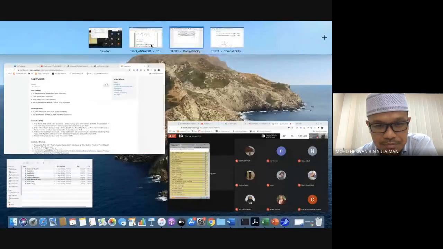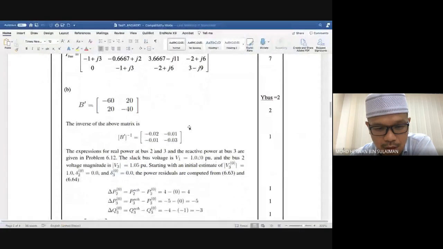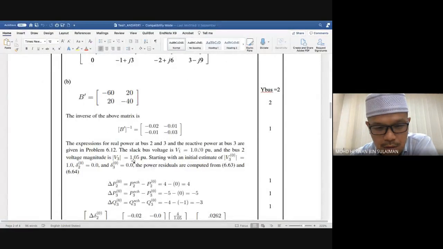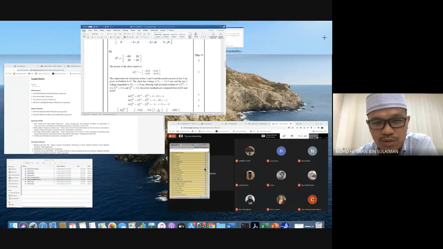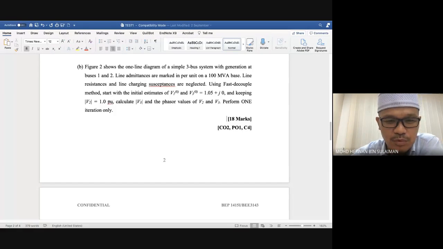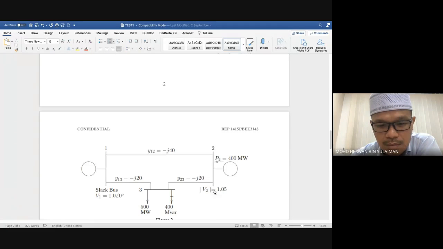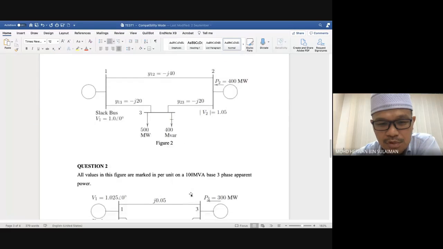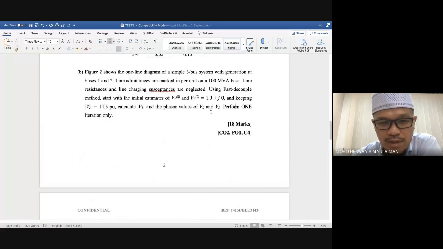Let me check the answer. It follows the answer, V2 1.05, V3 1.0. We assume it is a mistake, change it. V2 1.05, V3 1.0. Okay. The question: perform one iteration only, calculate V3 and the phasor value of V2 and V3.